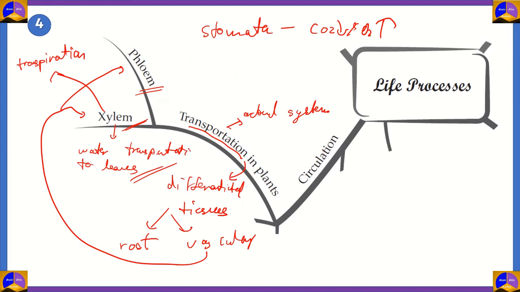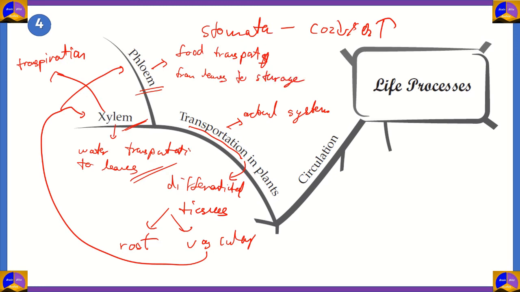Now, the phloem, its function is food transportation. So we know that plants are autotrophs, so they create their own food. The food is then transported by the phloem from the leaves to the storage areas. So each plant has its own storage areas.